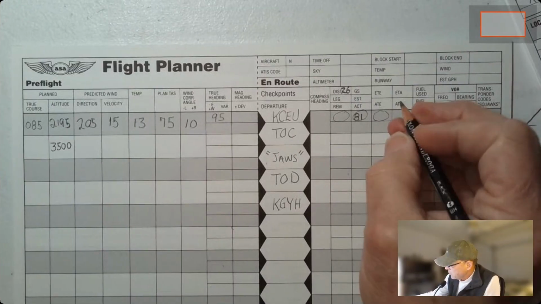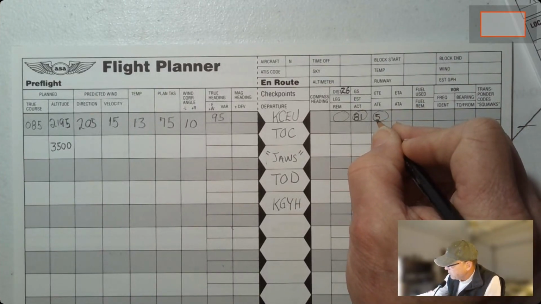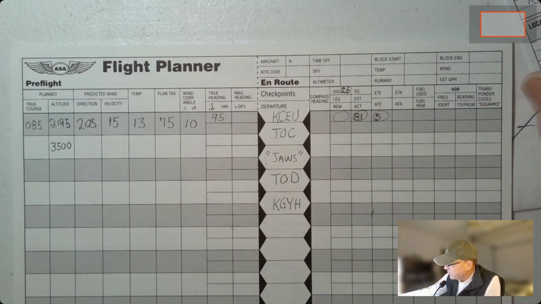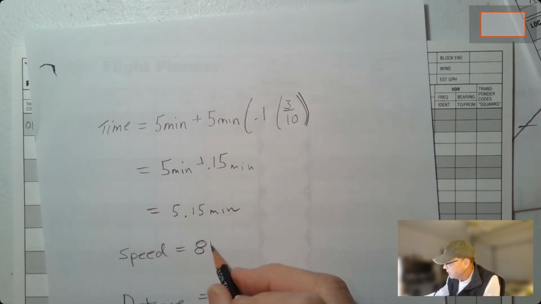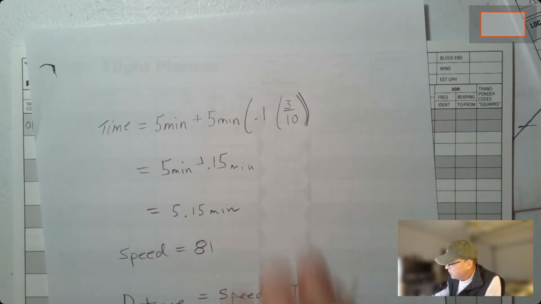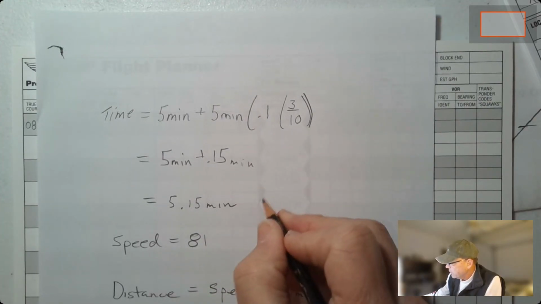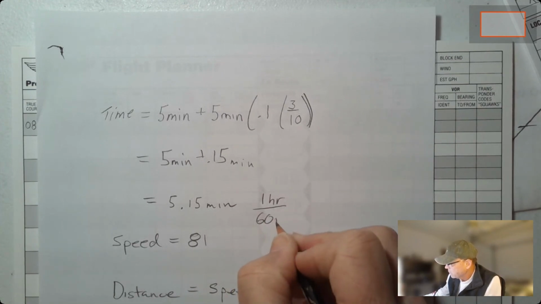We're getting really close. Now, you can enter that 5 minutes right here for estimated time en route, but to calculate distance, you're going to have to convert it to hours because our speed is in knots. So 5.15 minutes, you're going to convert that to hours. In 1 hour, there are 60 minutes.